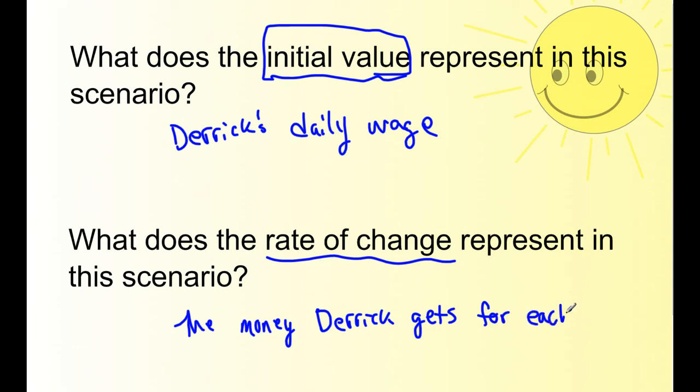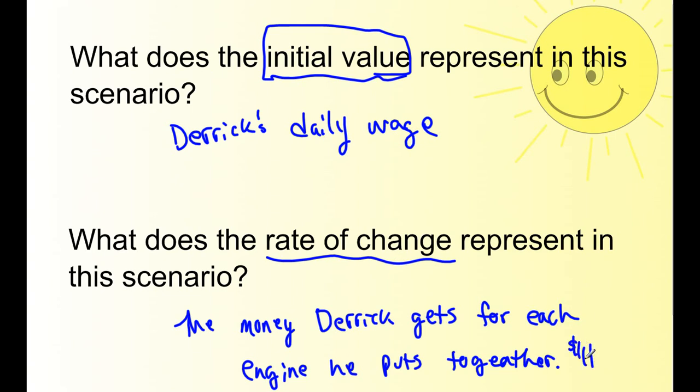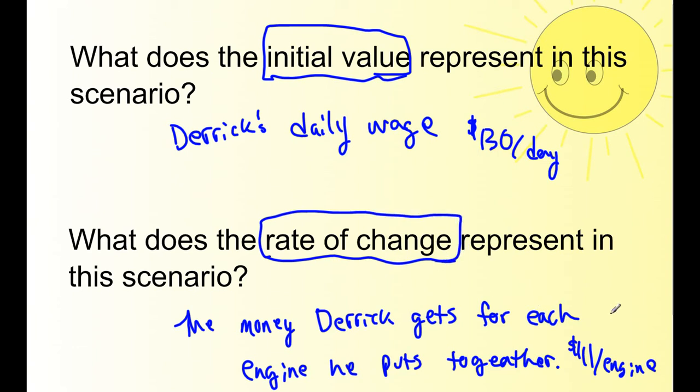For each engine he puts together. And so he gets $11 per engine, and he gets paid $130 every day. So $130 a day and $11 an engine. That's what that initial value and that rate of change mean.